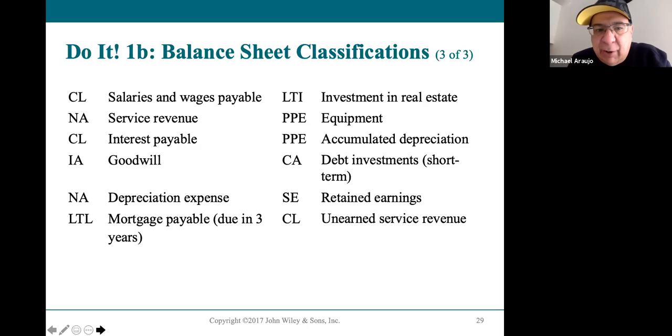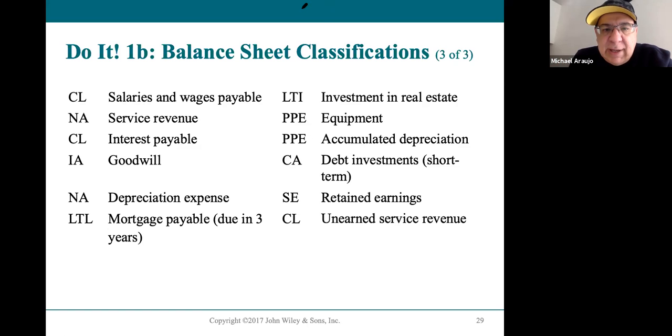When you see an account and you're not sure what it is, look it up, read about it, understand its definition, and know where it belongs on the financial statements. You should be studying that a little extra by now. I can't tell you how important it is.